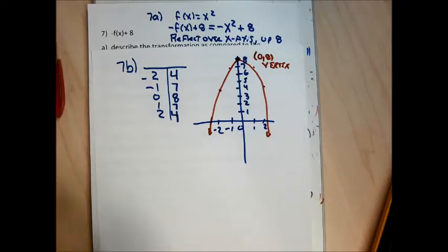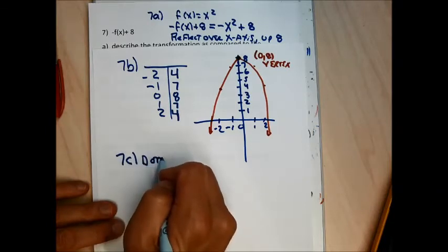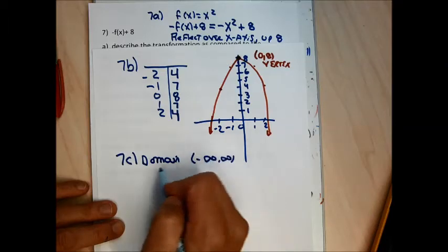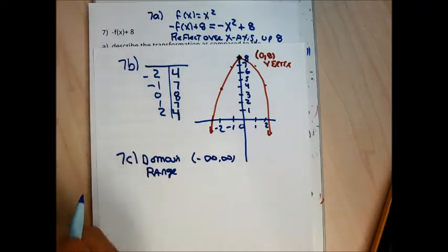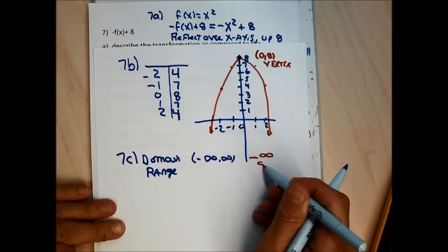Part C wants me to find the domain and the range. For all these parabolas, the domain is negative infinity to positive infinity. And the range is going to be upside down because the graph is upside down. The bottom of the graph goes down to the bottom of the y-axis. The bottom of the y-axis is the y-coordinate of minus infinity.